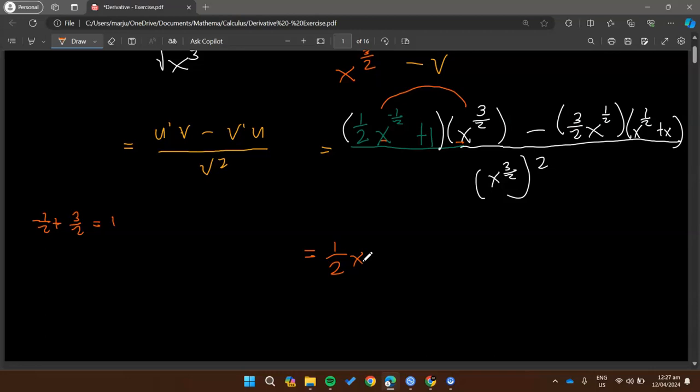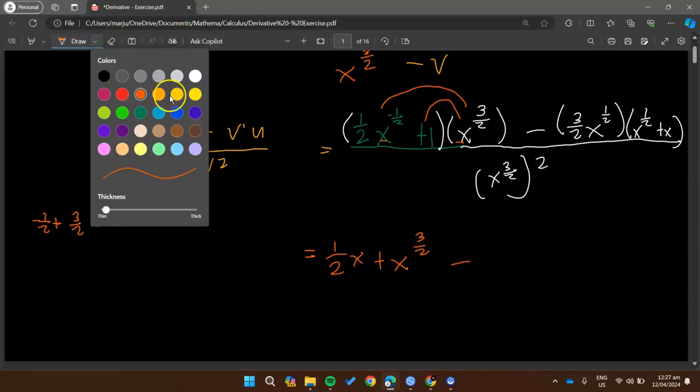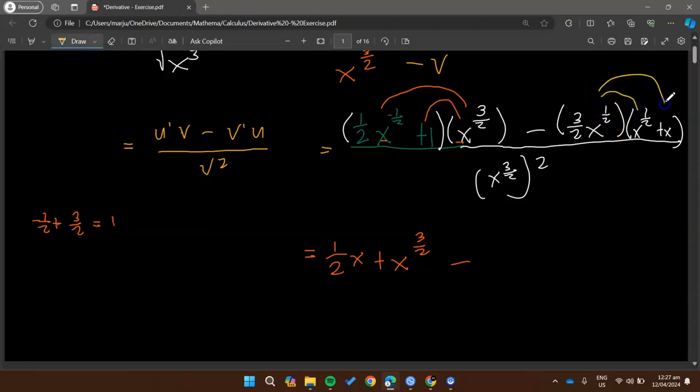Alright, next, what is that and that? That is just plus x raised to 3/2, and then minus, we are going to get the product of this, that, and that one.